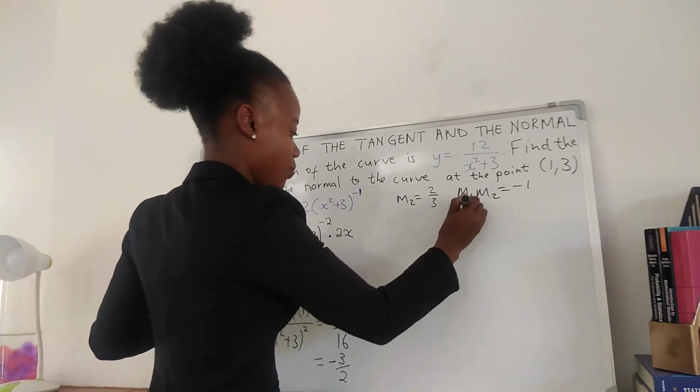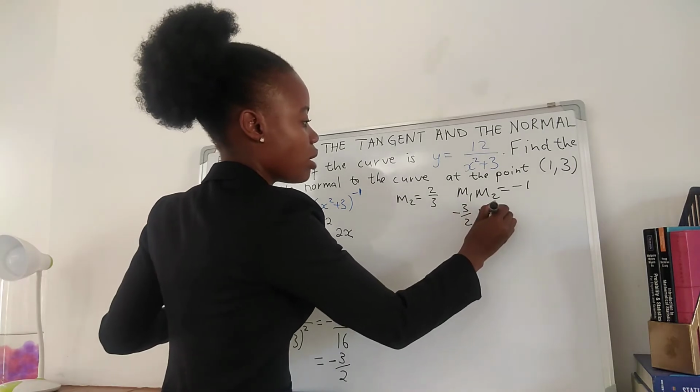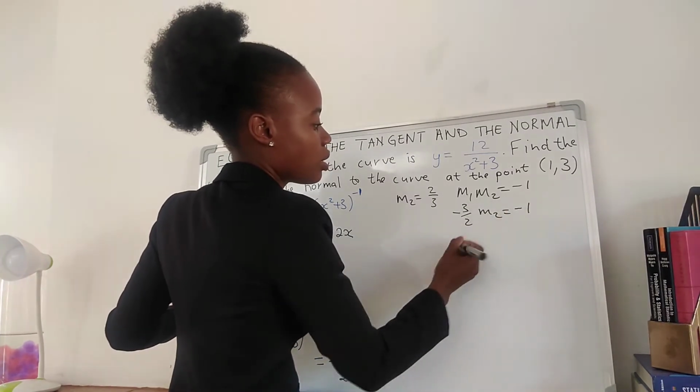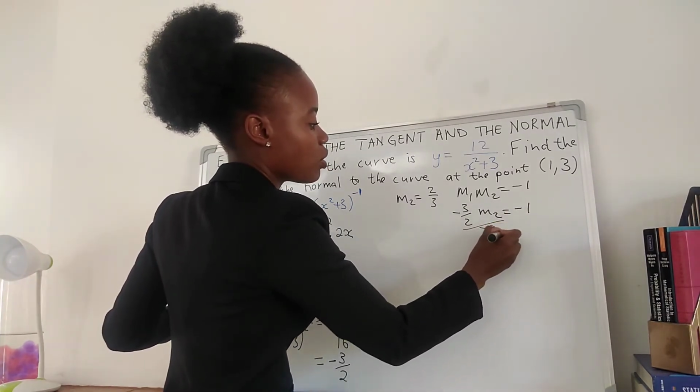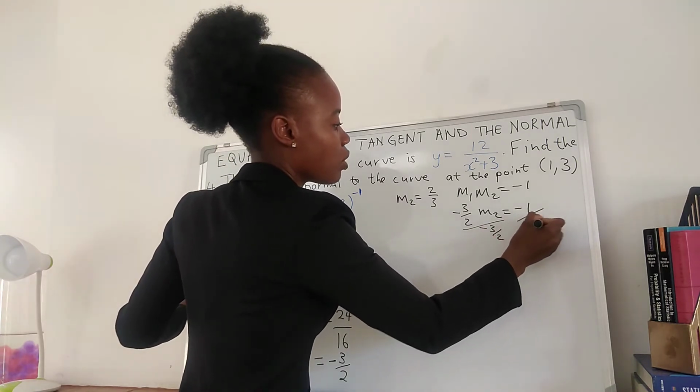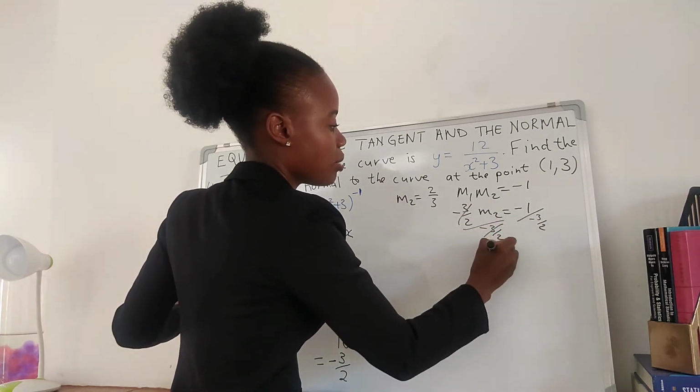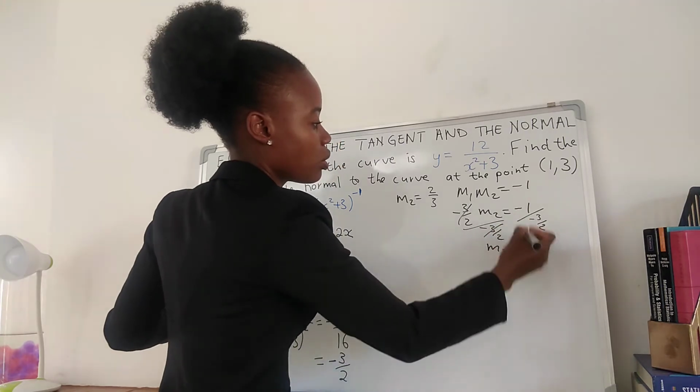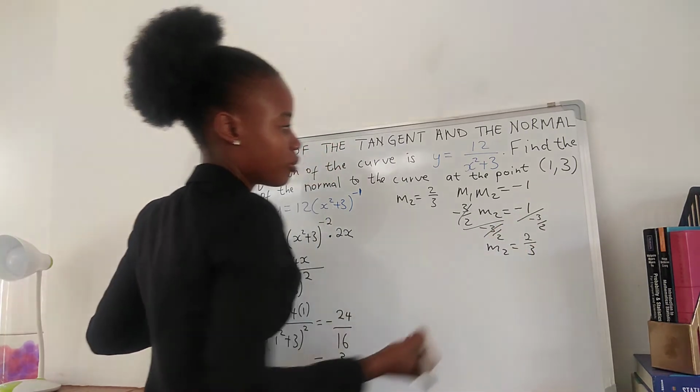M1 is -3 over 2, M1 times M2 equals -1. We divide by -3 over 2 both sides. This cancels this, M2 equals 2 over 3, right?